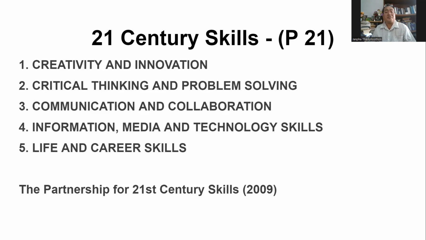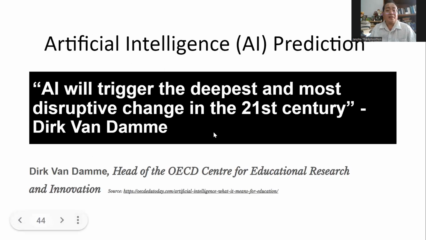You have to have creativity, critical thinking, responsibility, working together, and have the ICT skills and life skills as well. Artificial intelligence prediction, I think I mentioned this already from the very beginning, that it will affect all of us.